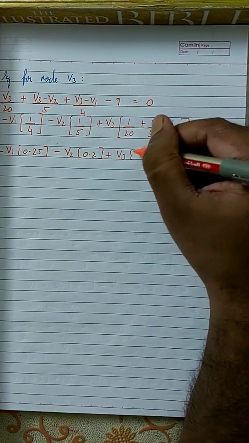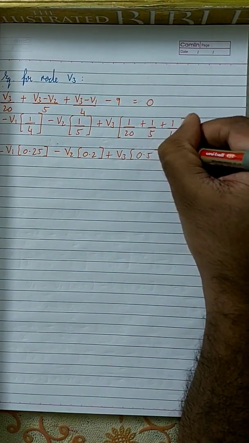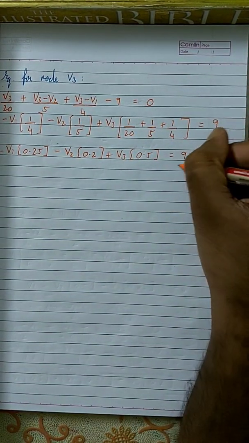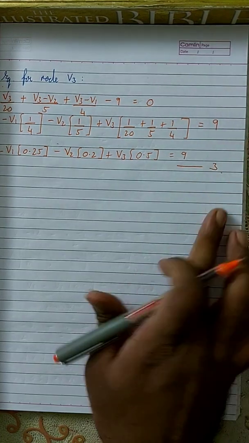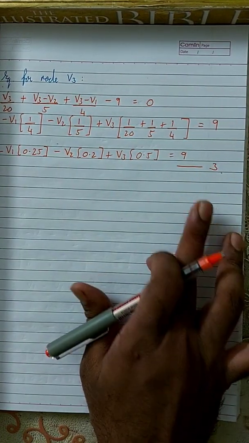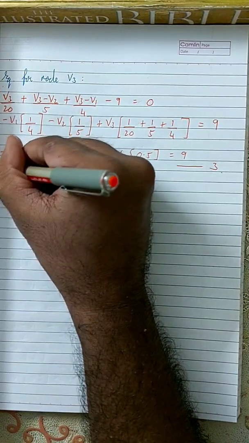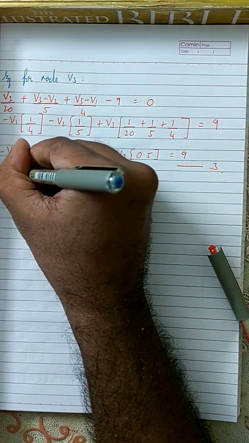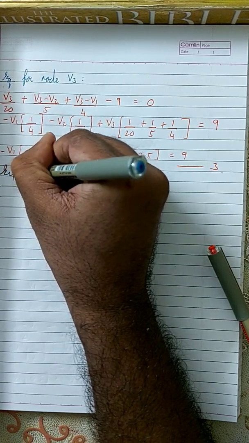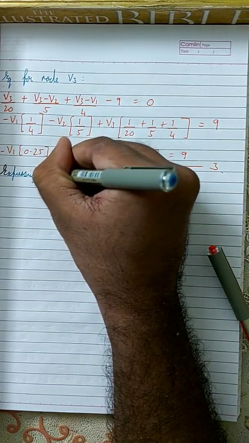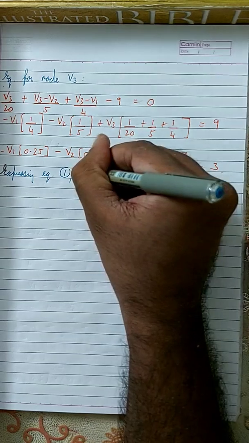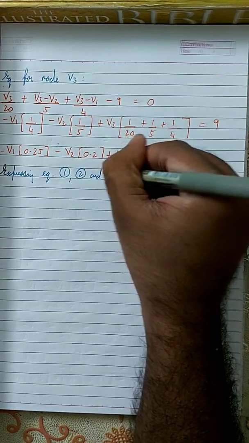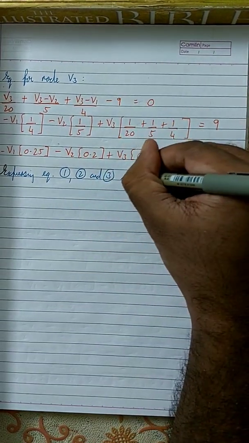So this is plus V3 into 0.5 is equal to 9. This is equation 3. So now expressing equations 1, 2, and 3 in matrix form.